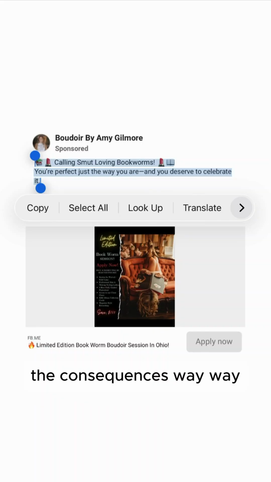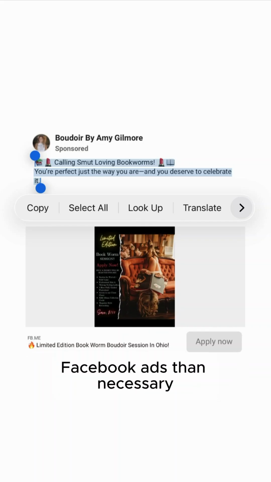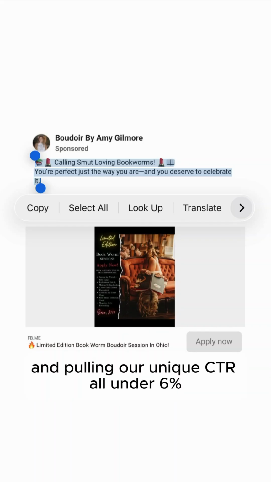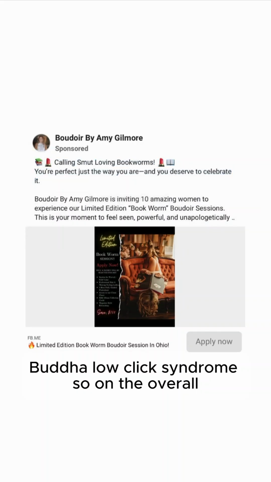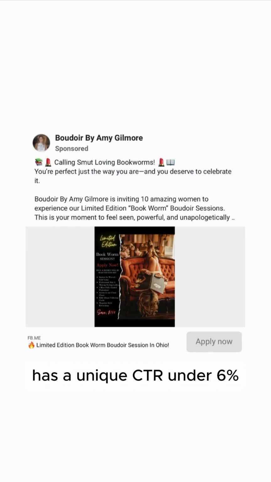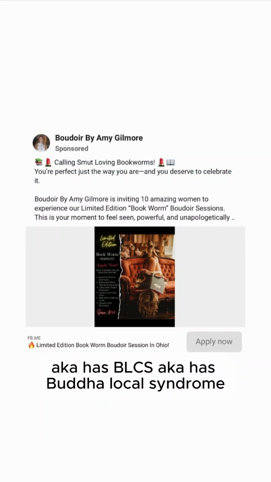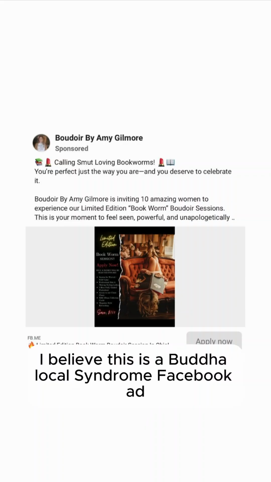So the consequence is way more women scrolling by our Boudoir Facebook ads than necessary, pulling our unique CTR under 6%, contributing to BLCS, Boudoir low click syndrome. So, overall, do I believe this Boudoir Facebook ad has a unique CTR under 6%, aka has BLCS, aka has Boudoir low click syndrome? Yes, I believe this is a Boudoir low click syndrome Facebook ad.